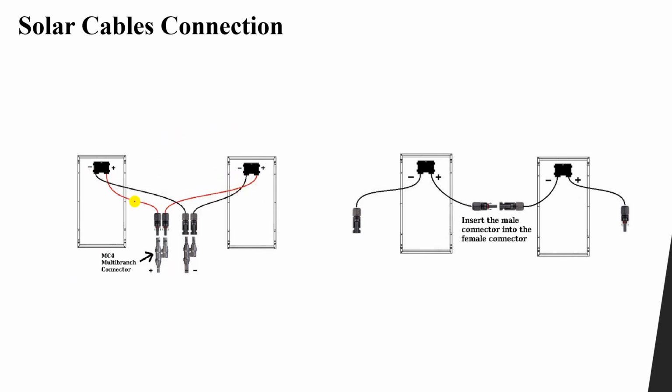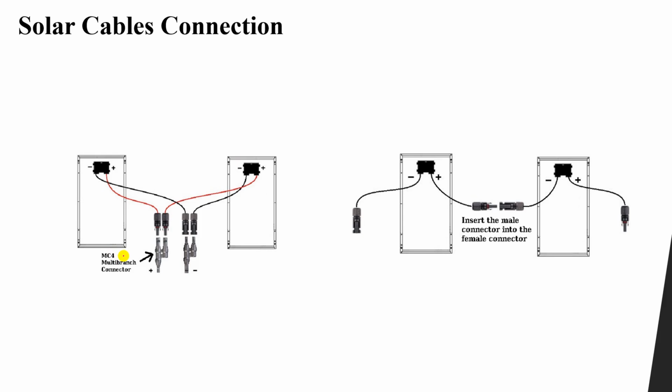If you look here, we have positive and another positive. Since both of them are males, not male and female. Female represents the negative, the male part represents the positive. Okay, so if I would like to connect in parallel, we have two males. Okay, so we cannot connect them together.